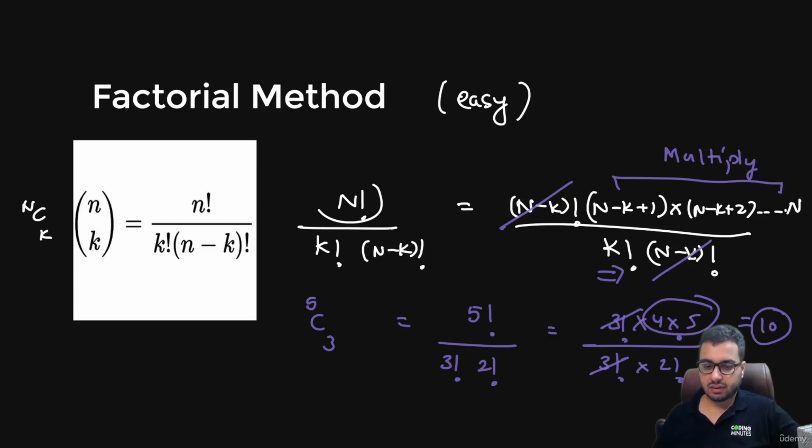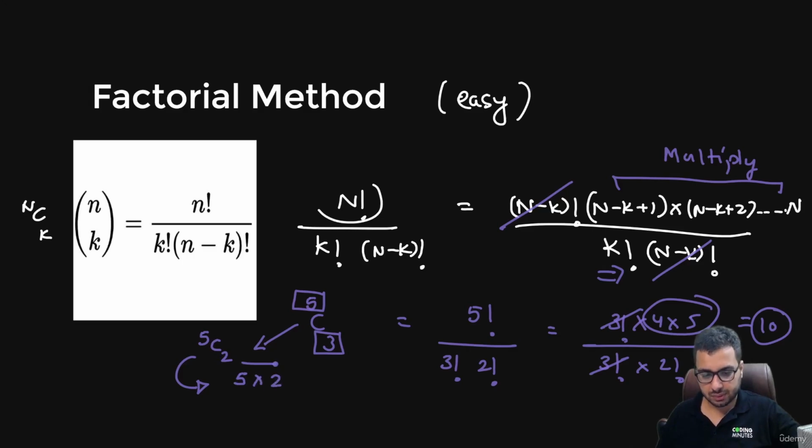An easier way of looking at this is that this is the same as writing 5c2, because nck is the same as n c n minus k. We can reduce this to n minus k if the term is getting smaller. In that case, I will write the terms in decreasing order, but only two terms, and the terms in increasing order, only two terms.